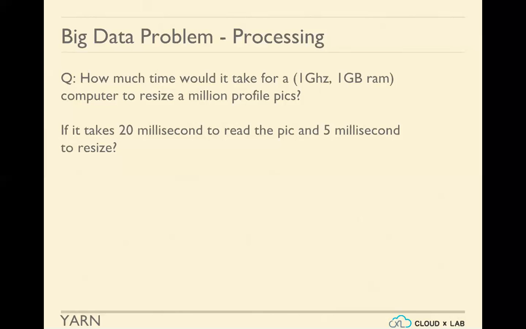Right. So Saran's point is that the read is in one thread. I think you are on the right direction. All right, so Saran's answer is 25 times million if there is only one thread. Okay, but it's not one thread.